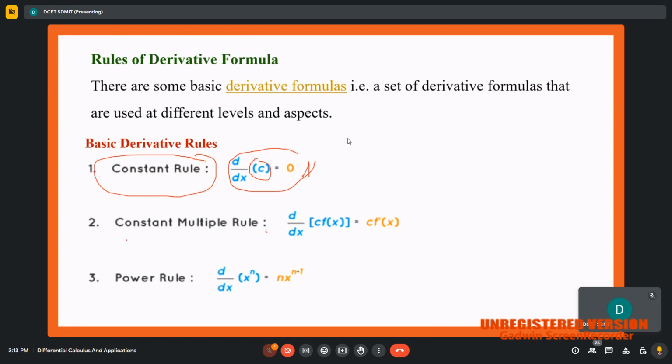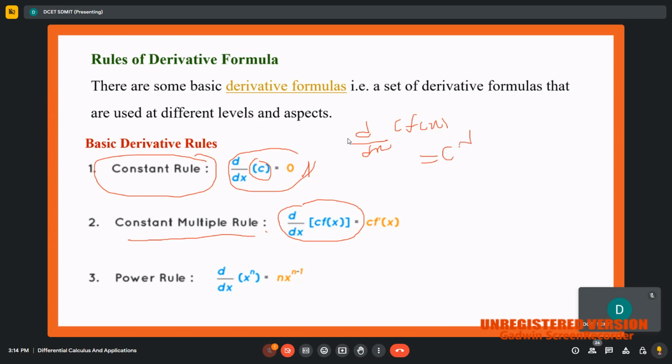Next, we have the constant multiple rule. What is the constant multiple rule? See here, d by dx of c into f of x. Here c is the constant, right?